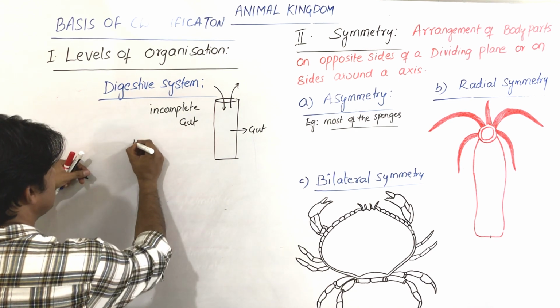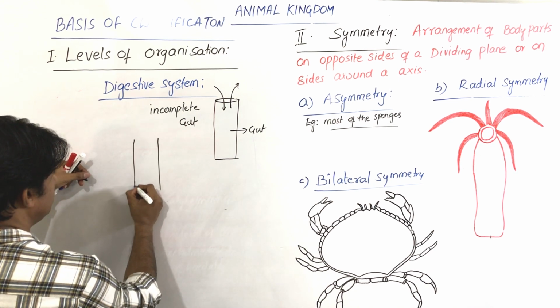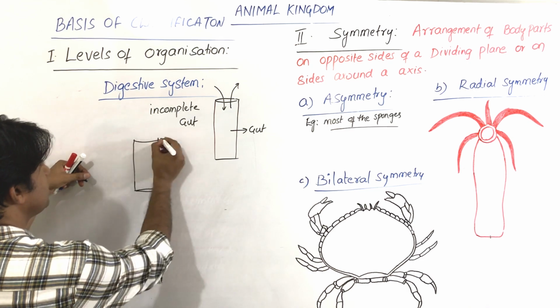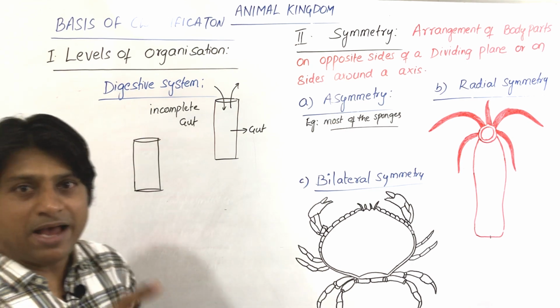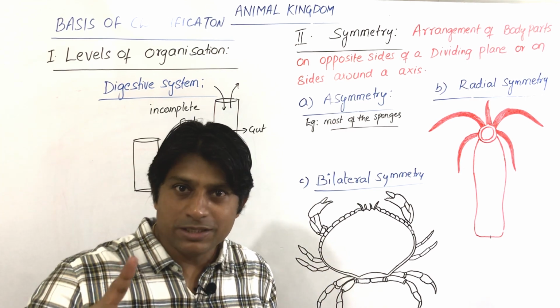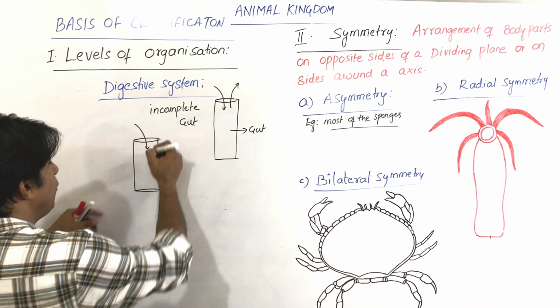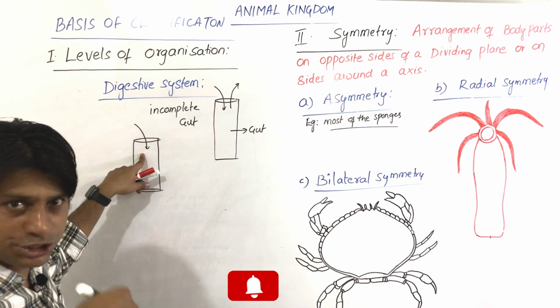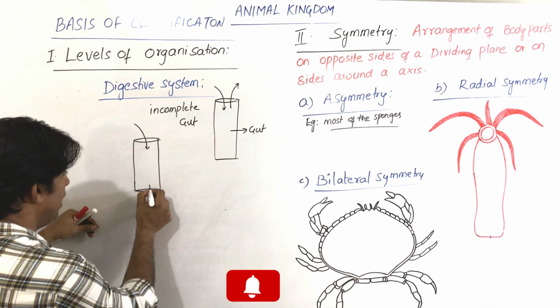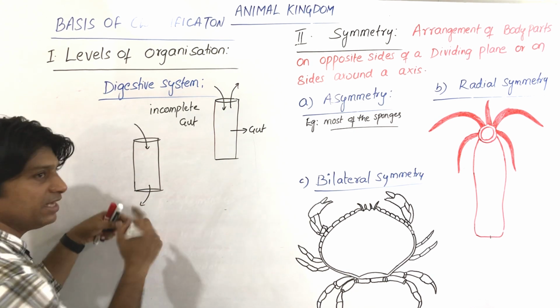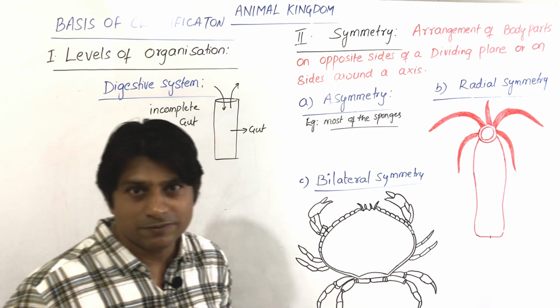Next, in Aschelminthes to chordates, in all of these, the gut has an anterior opening called the mouth for ingestion and the opposite opening, the anus, for egestion. There are two openings.